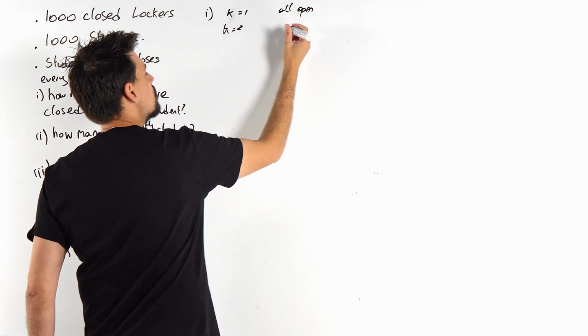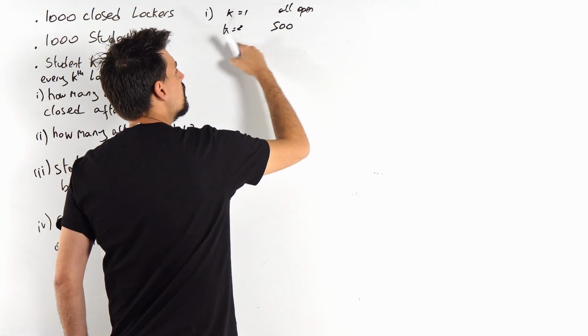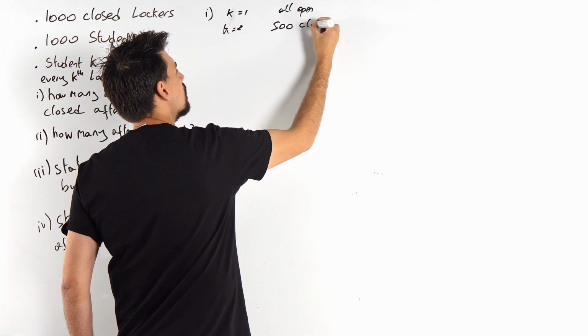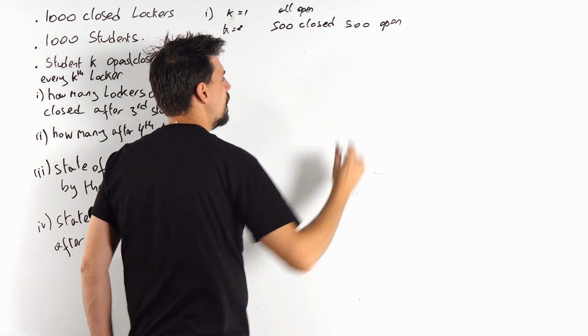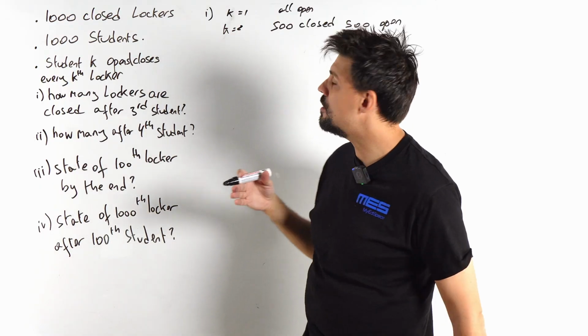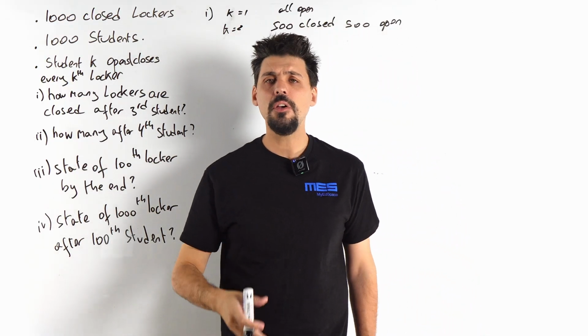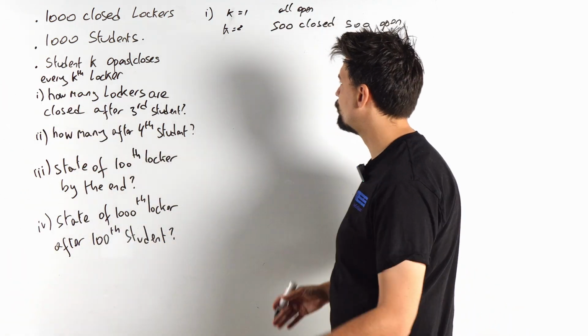Now, after the second student, they are going to close half of them, right? The second student will go along and they're all open. So what he'll do is he will close lockers 2, 4, 6, 8, so on and so forth, right?